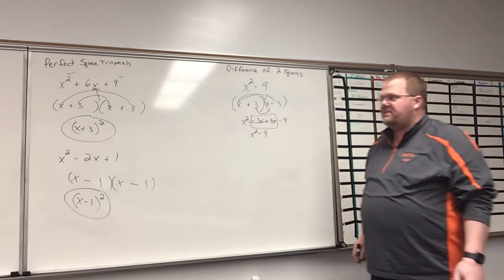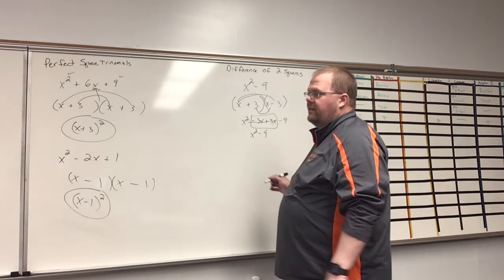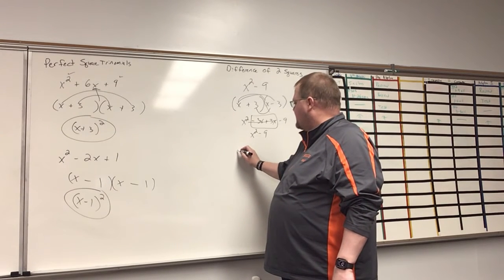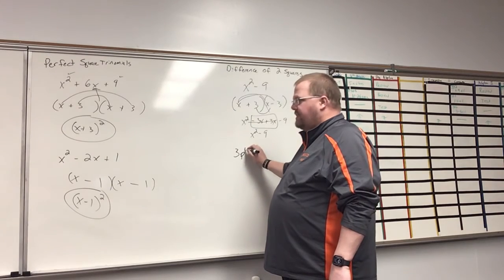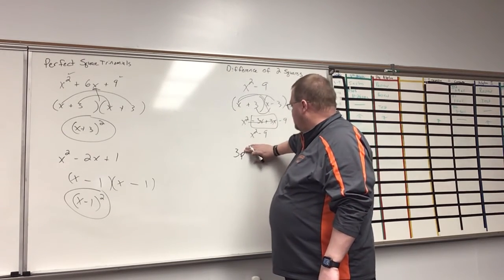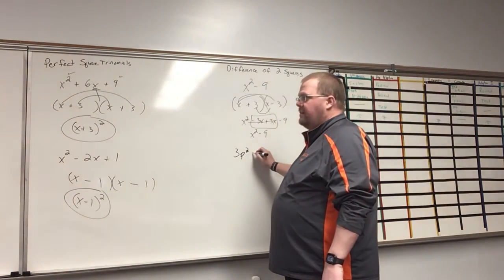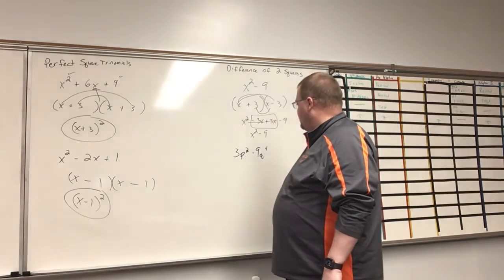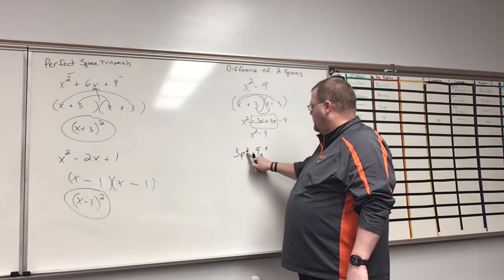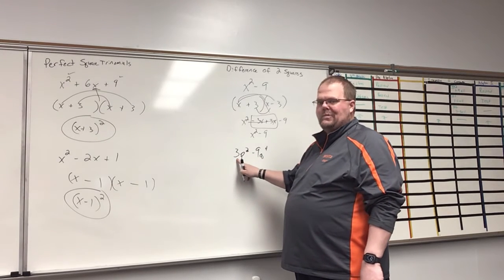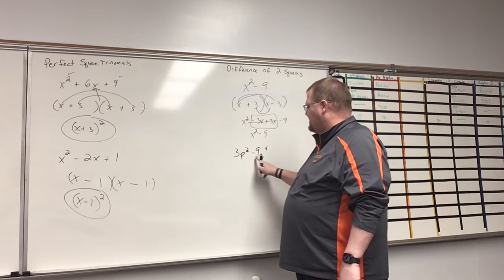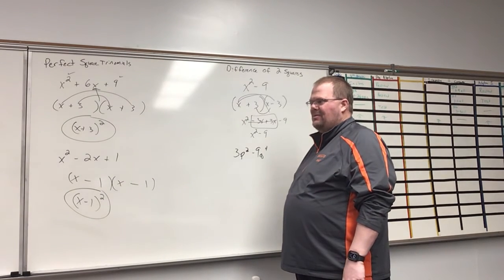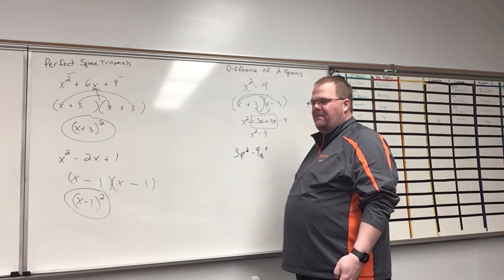Okay, let's try one with some variables. Let's do the one from your PowerPoint. If you're looking at your PowerPoints, you should be able to figure some of these out. 3p to the 4th minus 9q to the 4th. Well, is 3 a perfect square number? No. 9 is. So we got a little problem here right away, right?